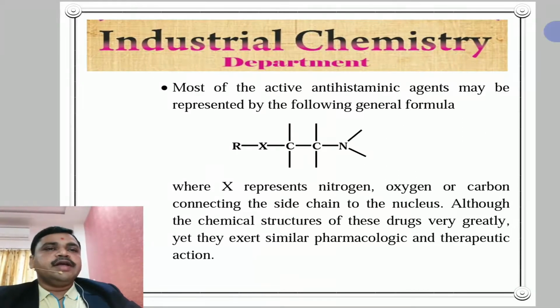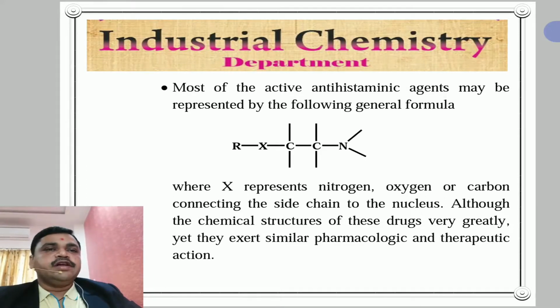Most of the active antihistaminic agents may be represented by the following general formula. This is the general formula, and in this formula X represents nitrogen, oxygen or carbon containing the side chain to the nucleus. Although the chemical structures of these drugs vary greatly, yet they exert similar pharmacologic and therapeutic actions.